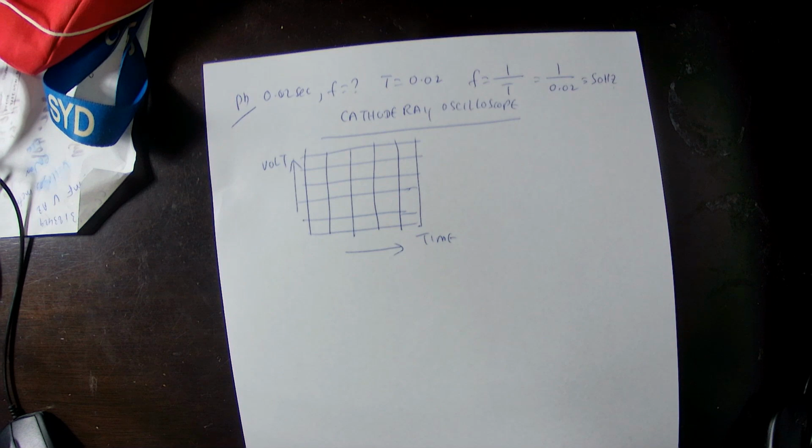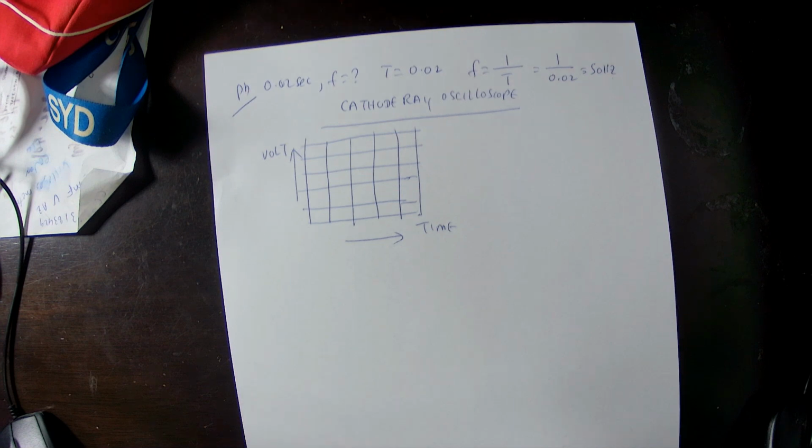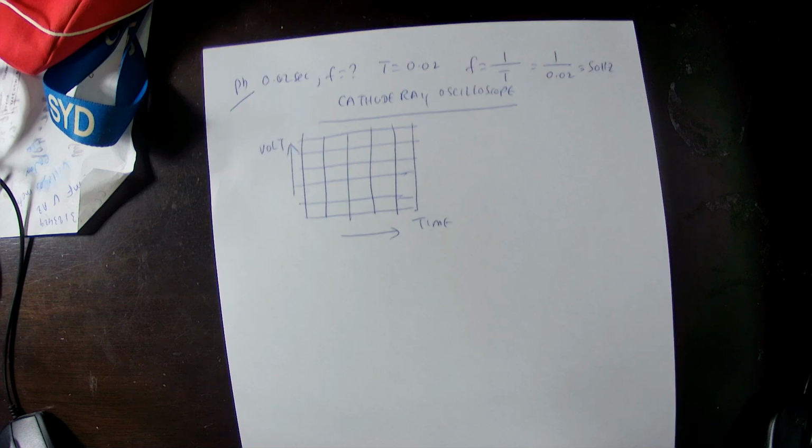So how do we measure the voltage? In this case, we have to select the vertical scale. On the cathode ray oscilloscope, you can select the volts per division switch. With that switch, you can select 1 volt per division, 2, 5, or 10 volts per division.